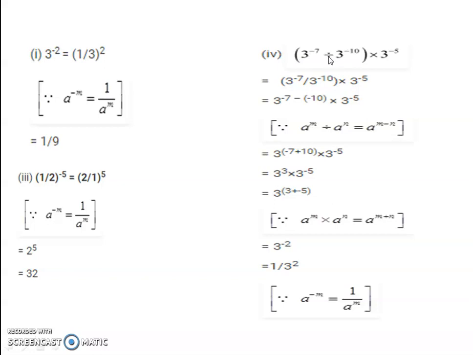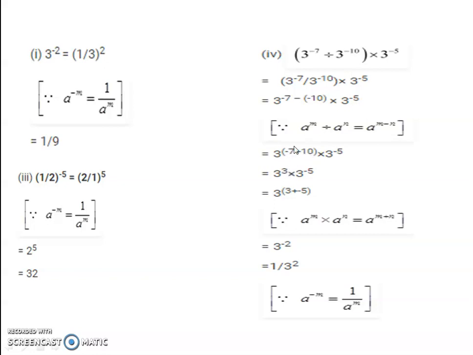Because you have the division problem here. So as the bases are same, you will be subtracting the exponents. That is negative 7 minus negative 10. Minus minus plus. So negative 7 plus 10, 3.